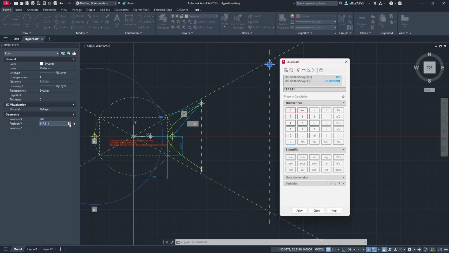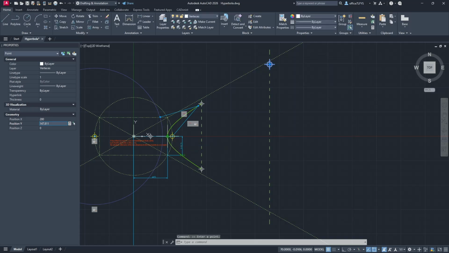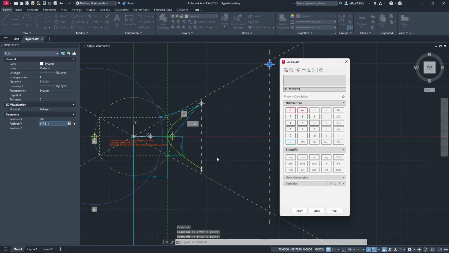Using the calculator again, we compute and place the point. The math behind this will be explained in our blog linked below. But just note that 15 is 4 squared minus 1.